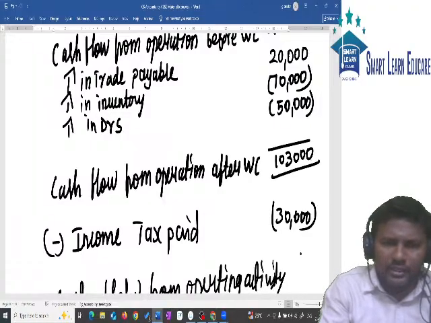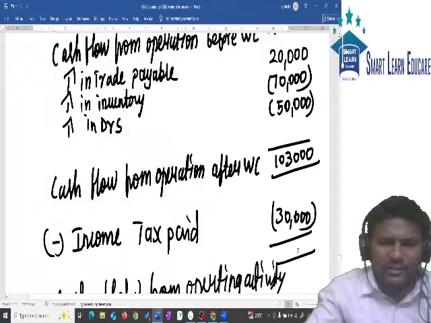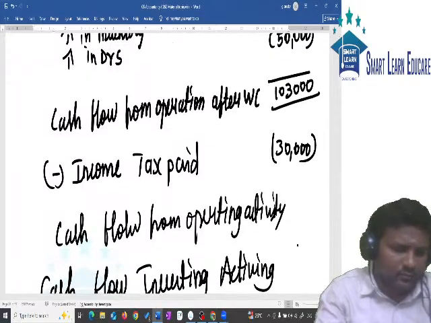Also இப்ப minus income tax paid. Cash flow from operating activity.